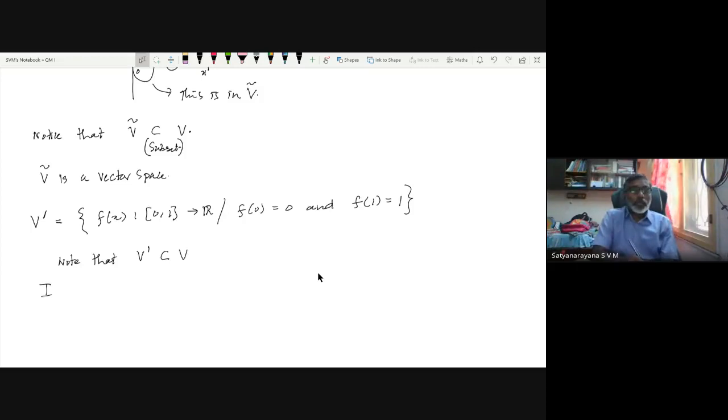But is V prime a vector space? If you ask that question, the answer is no. Can you tell me why it is no?